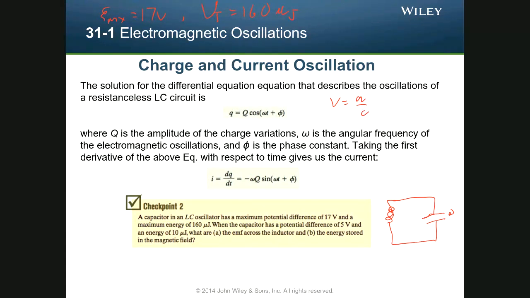But don't get lost here. This is just semantics at this point, because the point is that if the capacitor is uncharged, there's no voltage across it, right? All the voltage will be across the inductor. And if the capacitor is fully charged, this is the important point, all the voltage will be across the capacitor.